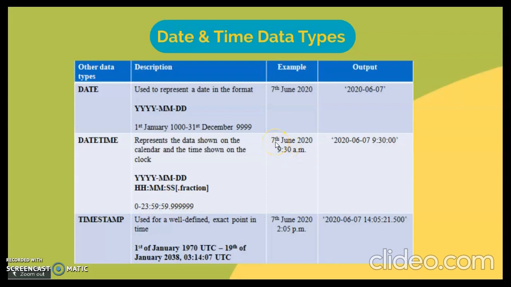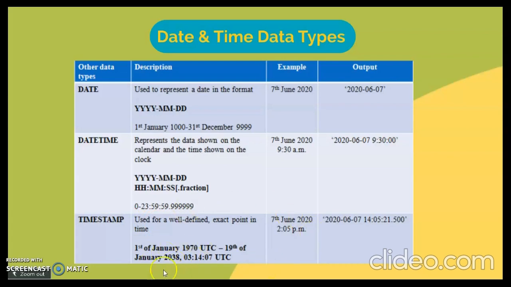Same if I want 7th June 2020 and the time is 9:30 AM, then I'll write 2020, that is the year, then the month, date and time. So here time is represented as hour, minute and seconds. If you know the fraction, you can also include that. Then I have timestamp. It is used for a well-defined or exact point of time.